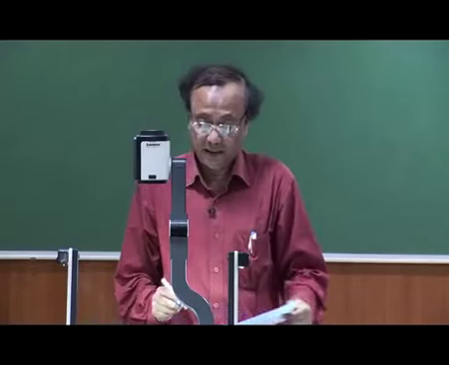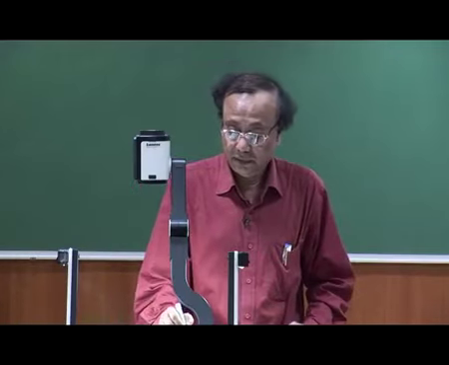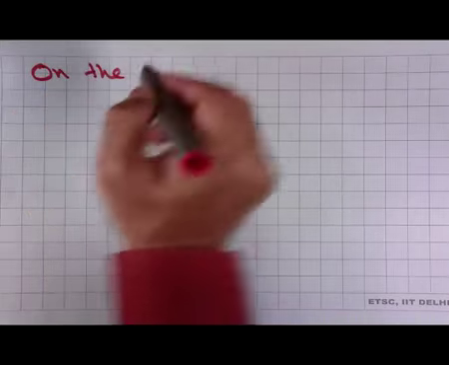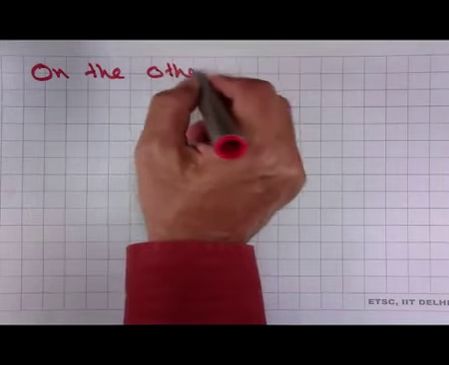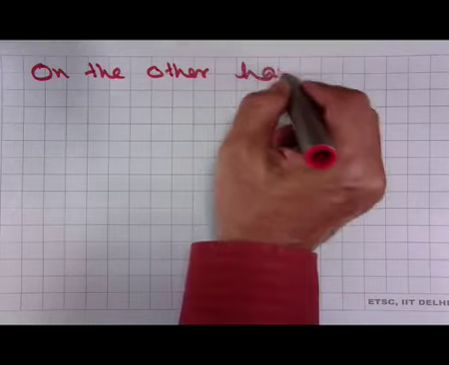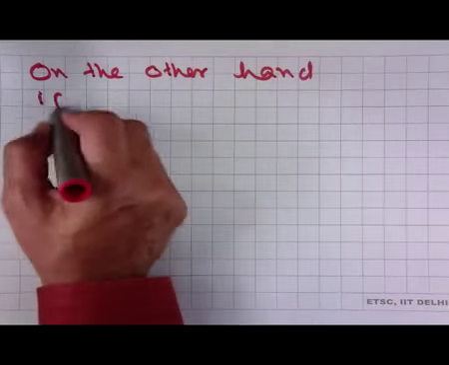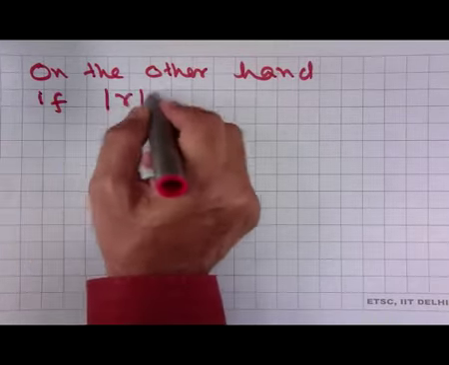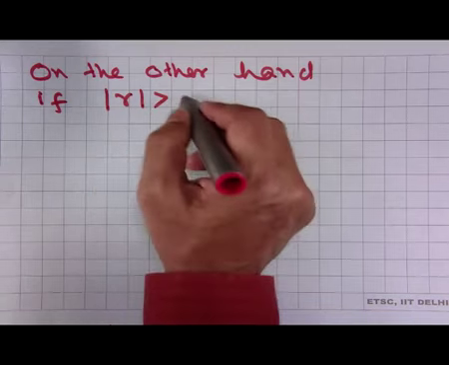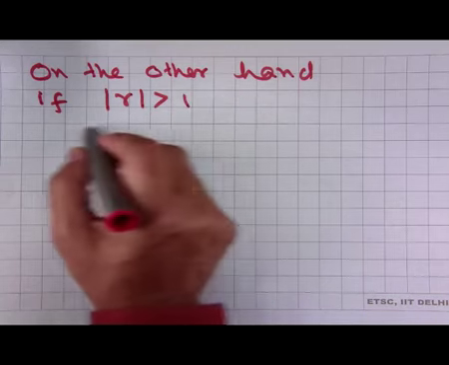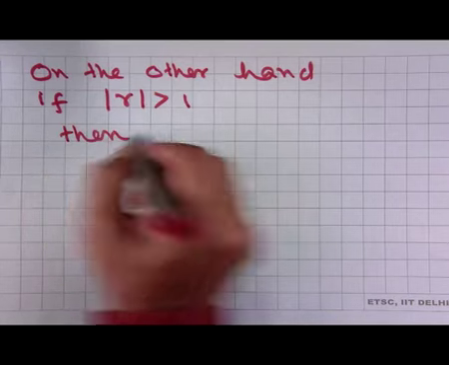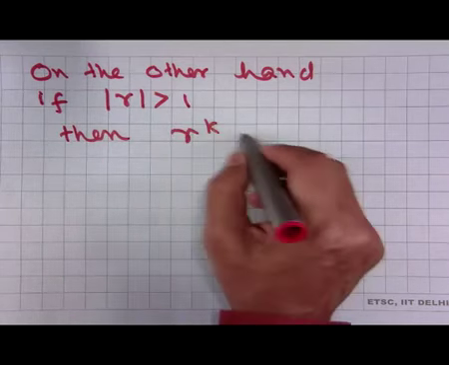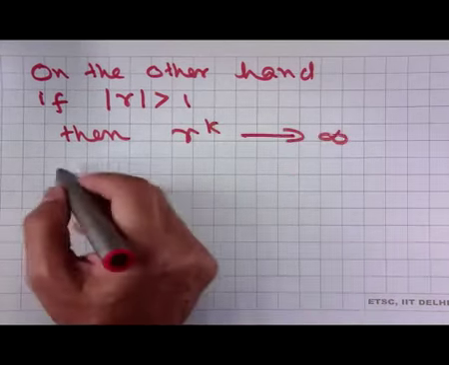On the other hand, if modulus of r is greater than 1, then r to the power k goes to infinity.